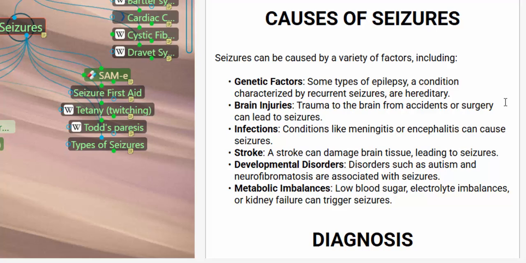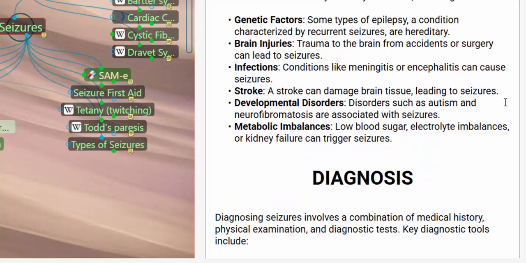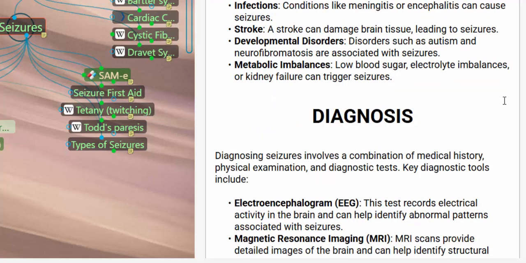As far as their causes, there can be a number of causes. For example, genetic factors. Some types of epilepsy are hereditary. Brain injuries. Trauma to the brain from accidents or surgery can lead to seizures. Infections, like meningitis or encephalitis, can cause them.